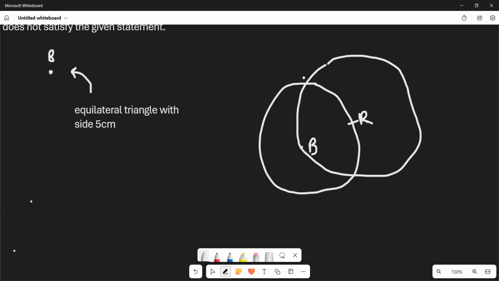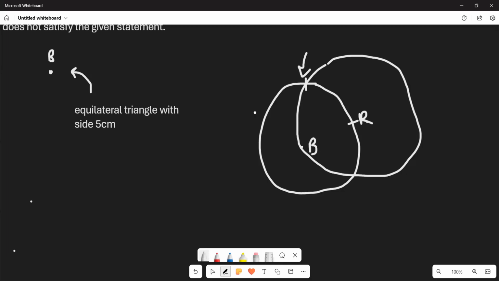Now, like a Venn diagram, this point here is also red, and this point is also red, and they're 5 centimeters away from each other. So we're done. This is very similar to what we did before with the equilateral triangle. Just this can be slightly more of an intuitive construction for some people.